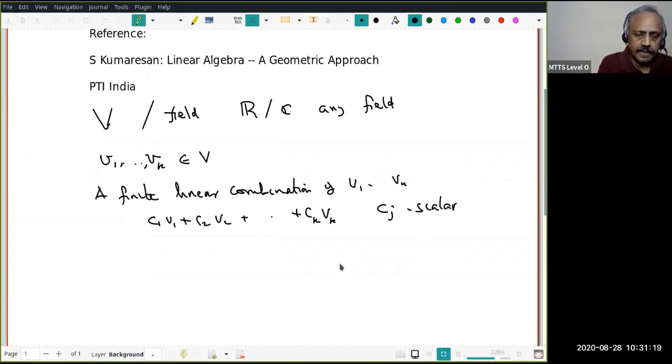Suppose S is a set, or let us say even v1 to vk, as I said, this is not a set. If it's a set and, say, v1 equals v2, I should write it only once. So this in some sense is just a collection. What is meant by the linear span?